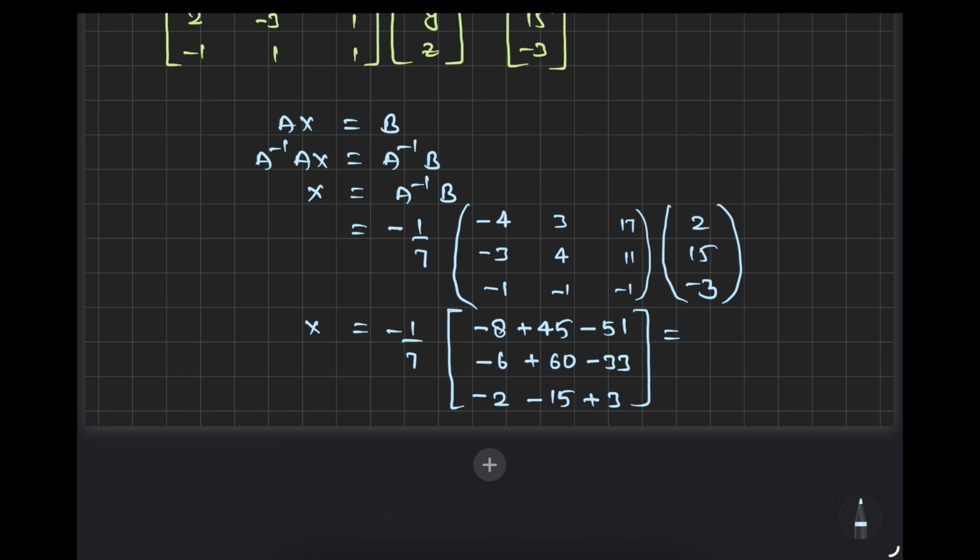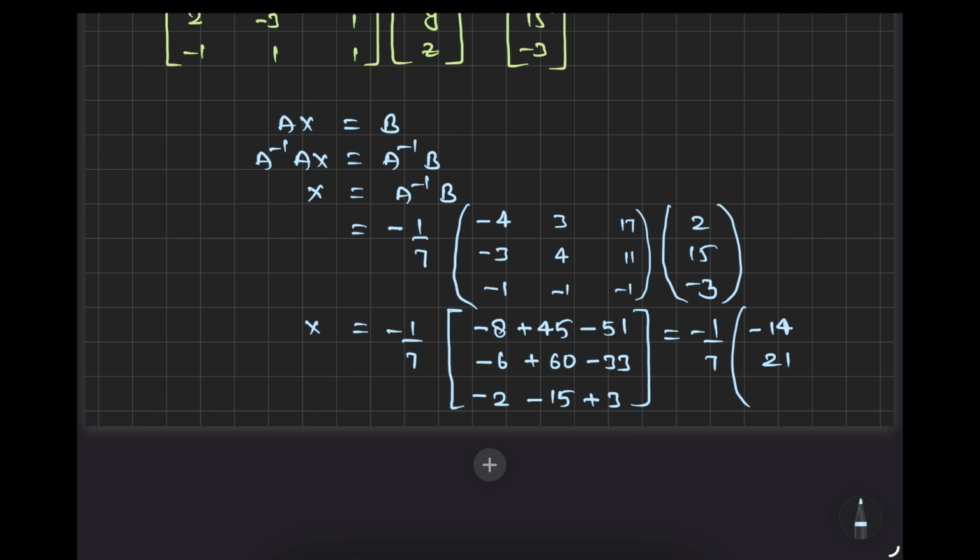Do a little bit more simplification, -1 by 7. So these two things will become -6, and with -8 it will become minus 14. Now I will club this and this, so it will become 39, so it will become 21.